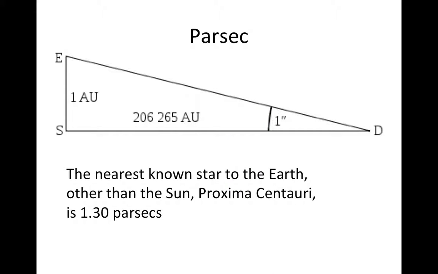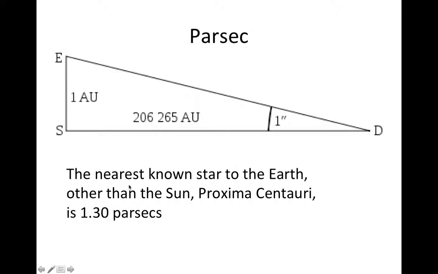So 1 parsec is about 206,265 astronomical units. Remember, that 1 astronomical unit is the distance between the Earth and the Sun, okay? So the parsec is enormously much bigger than the astronomical unit. That is why the parsec is used for measuring distance to the stars, okay?